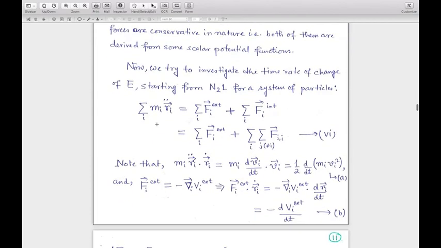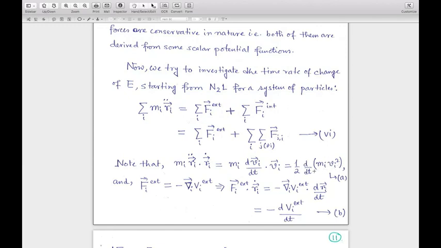Again, starting from Newton's second law, you can write the total force into two parts, external and internal. Then considering the ith particle, mi ri double dot, and contracting this with ri dot, you simply say that this is equal to d/dt of half mi vi square.